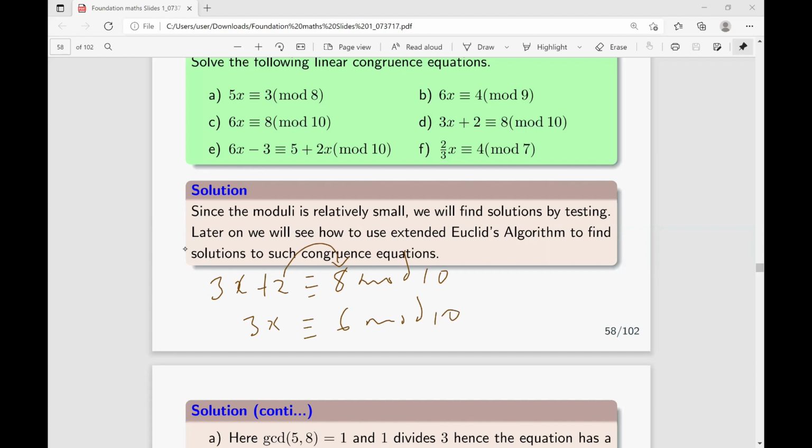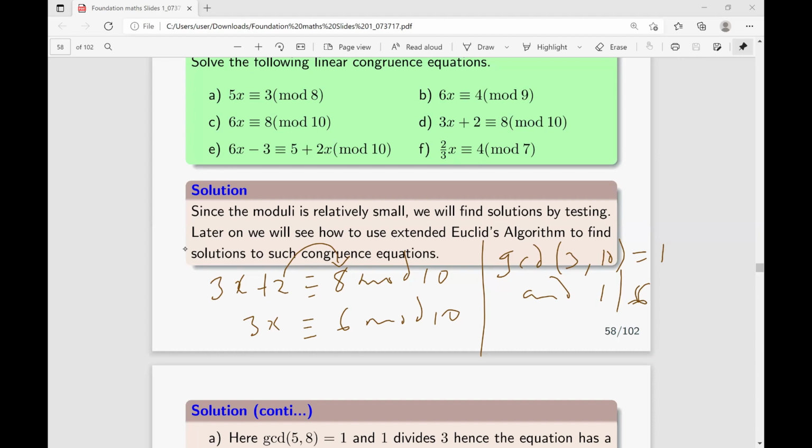Once we are here, we test whether it has a solution or not. We find the GCD of 3 and 10, which is 1. Is that okay? And 1 divides 6. Therefore, this equation has one solution.